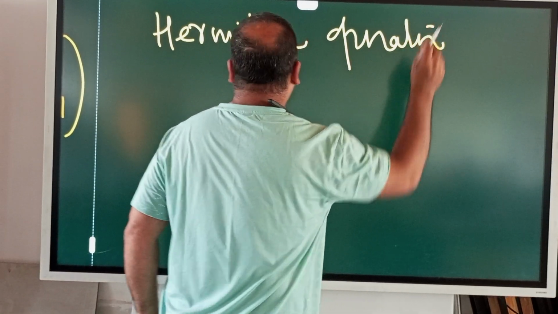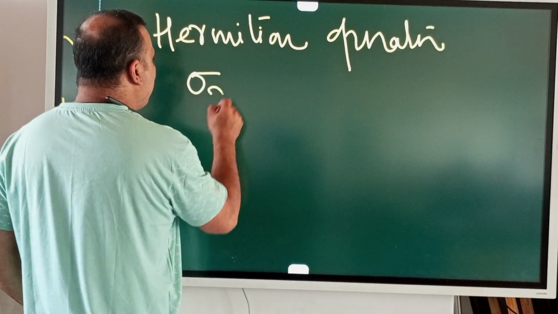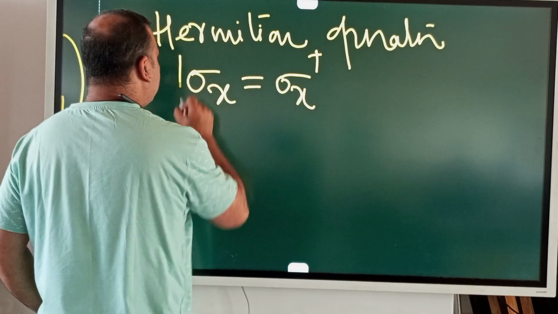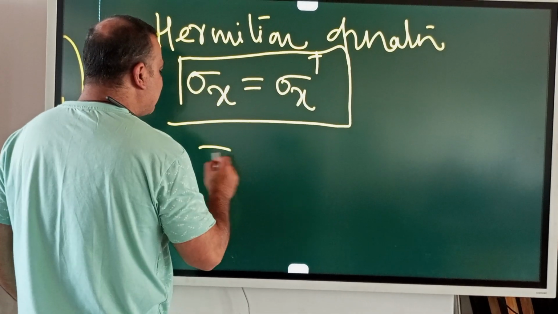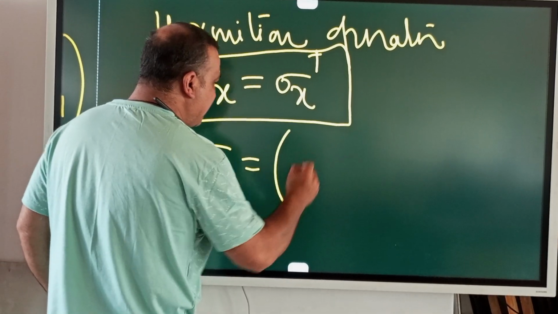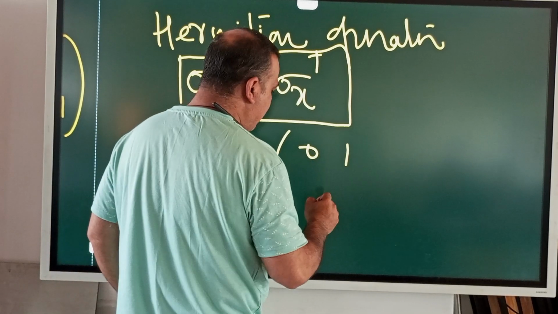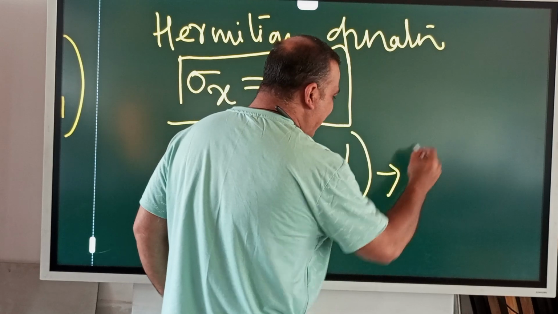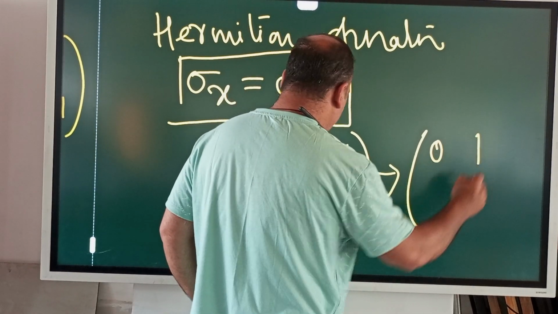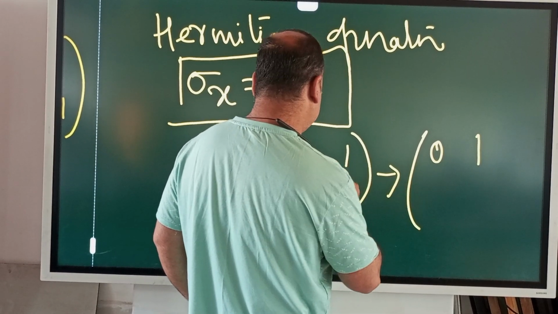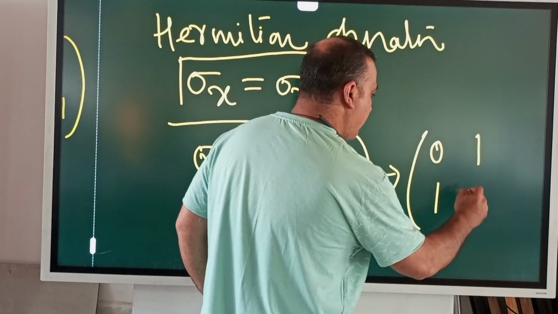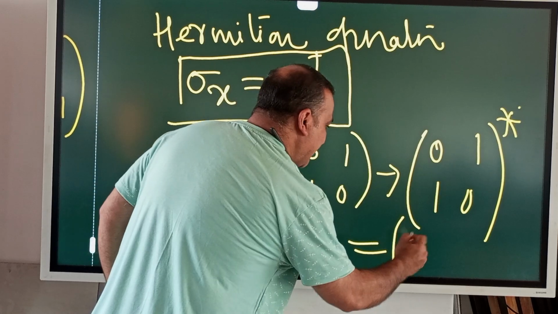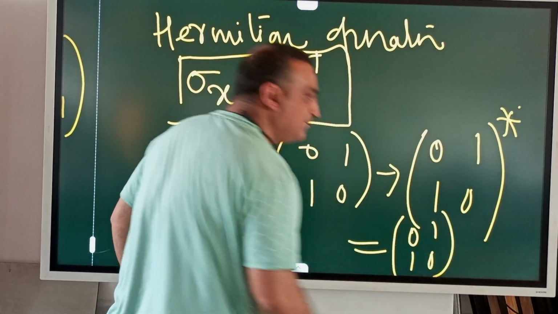Sigma x must be equal to sigma x adjoint. Sigma x is 0, 1, 1, 0. Take its transpose, that is the same thing, 0, 1, 1, 0. Take its complex conjugate and we get the same thing, 0, 1, 1, 0.